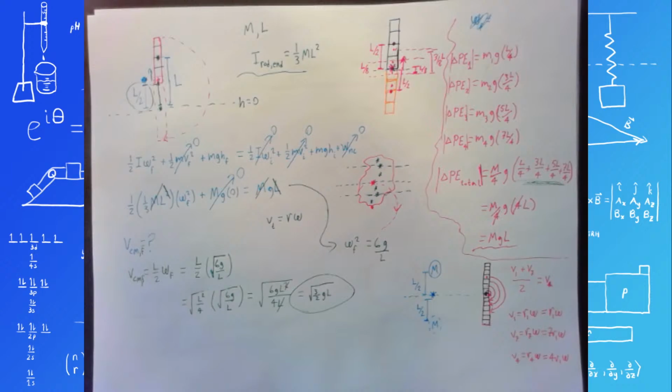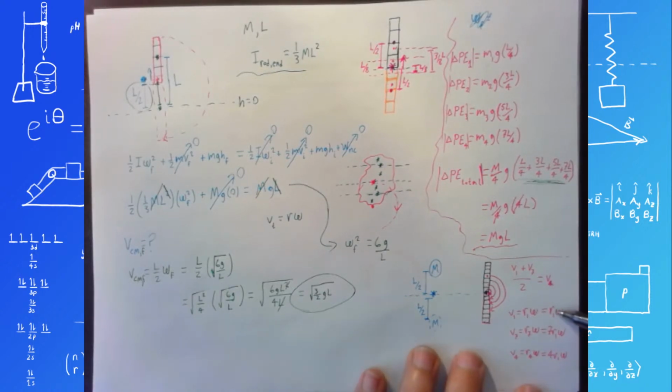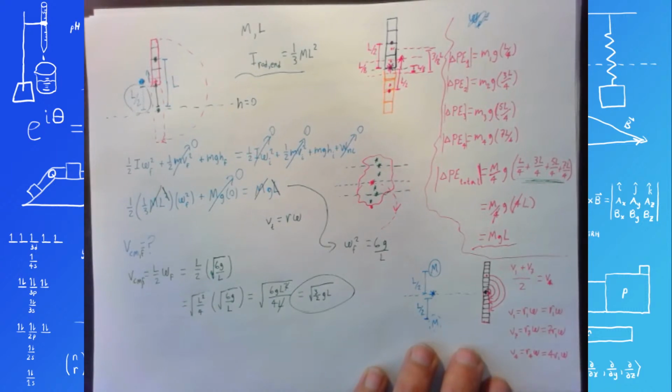And R1 omega plus 7 R1 omega all over 2, that's equal to 4 R1 omega. So you could do this between V1 and V7. You could also do it between V2 and V6. You could do it between V3 and V5. And then V4 is all by its lonesome.